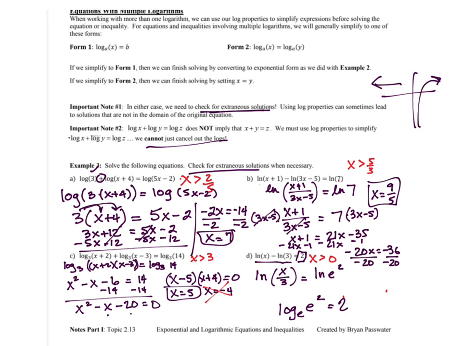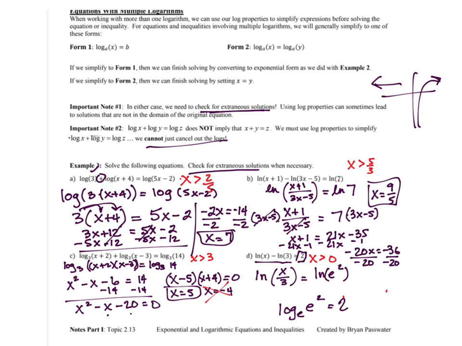A lonely little 2? Couldn't you just leave it as x over 3 equals 2? No. You'd have to leave it as e to the second, because you can't set your argument equal to 2. 2 is not the argument. The argument was e to the second.